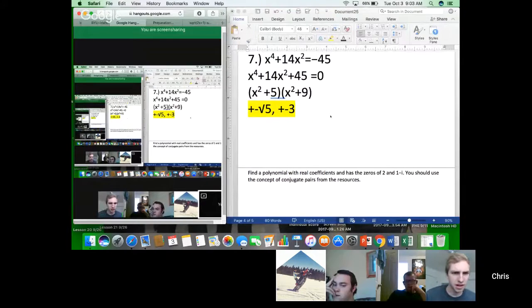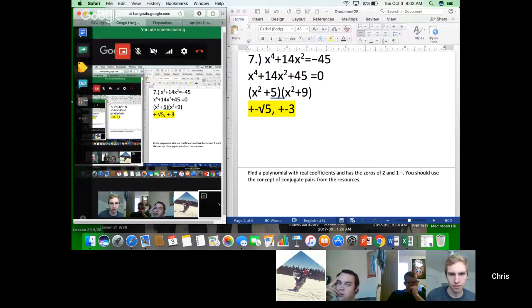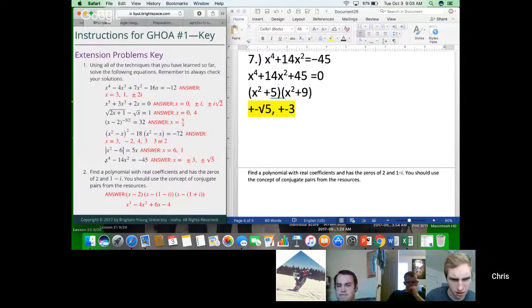Wait, what are the answers that it gives us? Plus or minus square root of 5 and plus or minus 3. Whoa. Because it works miraculously well if you use the quadratic formula and the answers come out to -5 and -9. Weird. Yeah, because this is what she claims in her answer key.